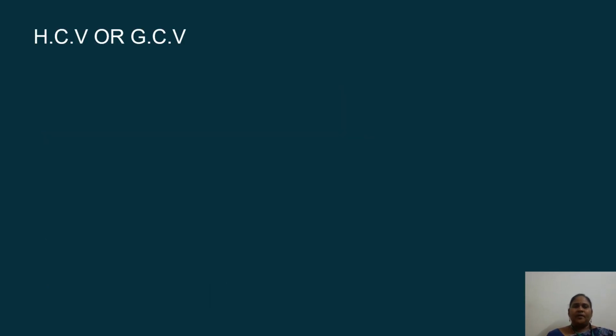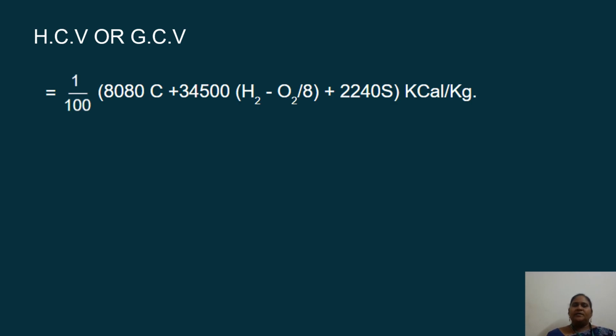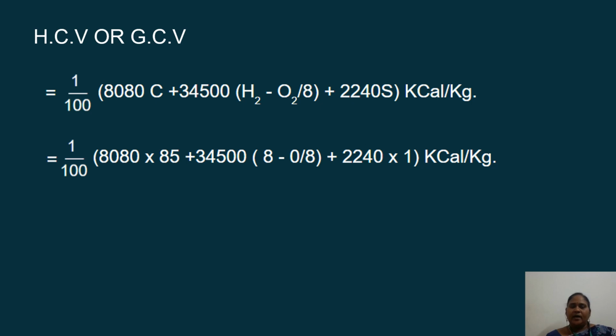By Dulong's formula, the HCV or GCV is given as 1 by 100 into 80 C plus 34,500 into H minus O by 8 plus 2240 S kilocalories per kilogram. Now let us substitute the percentage composition of carbon, hydrogen and sulfur in this formula. Upon substituting, we'll get the value as 9650.4 kilocalories per kilogram.